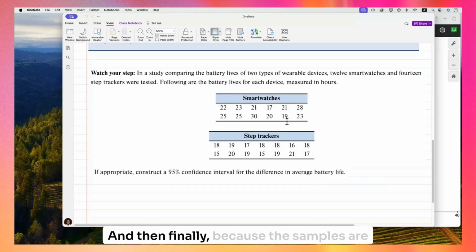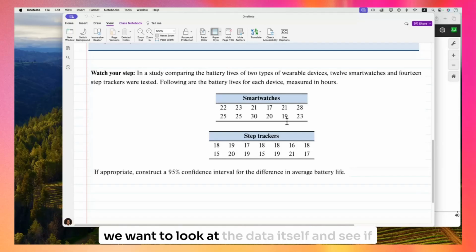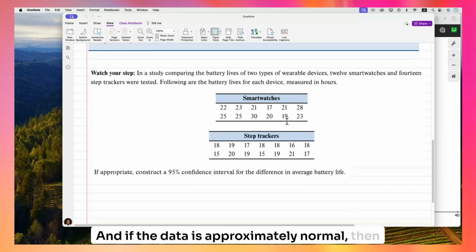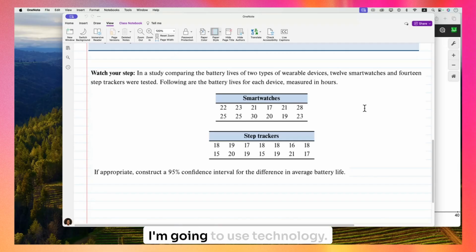And then finally, because the samples are small and we don't necessarily know if battery life is normally distributed, we want to look at the data itself and see if it looks approximately normal. And if the data is approximately normal, then we can assume that it came from a population that is approximately normally distributed.